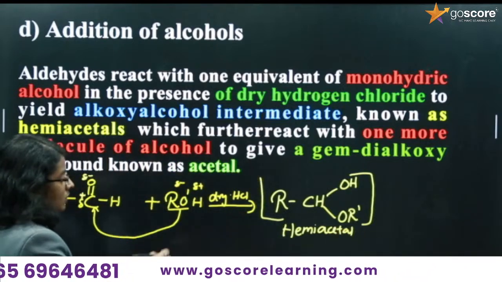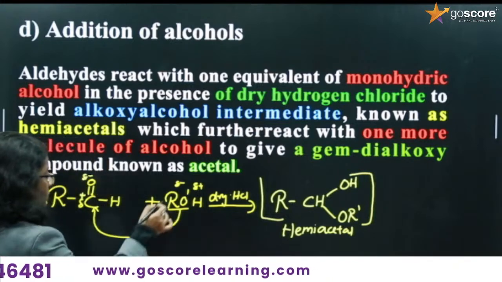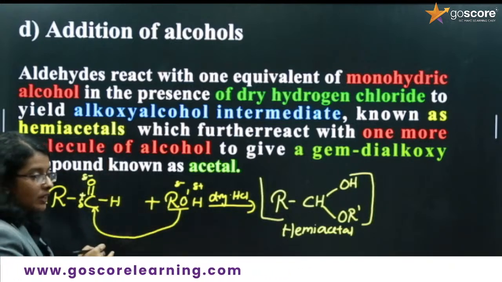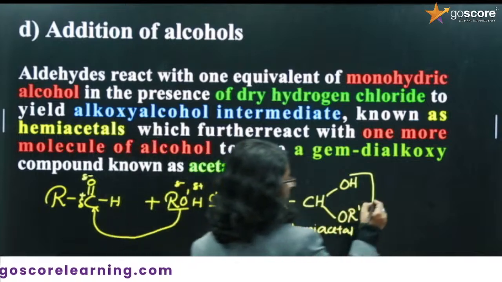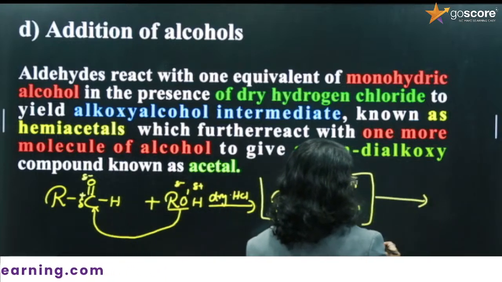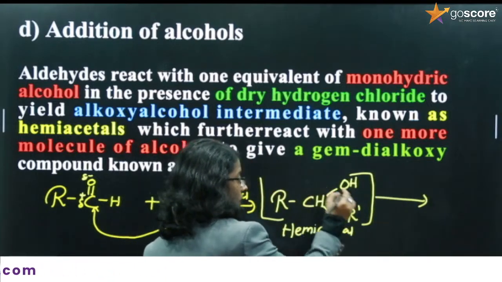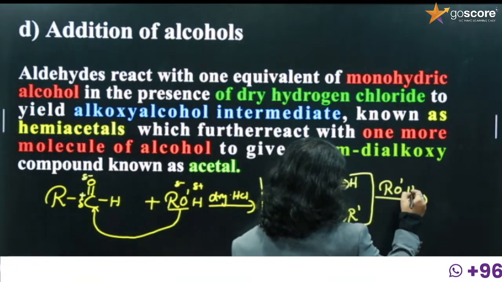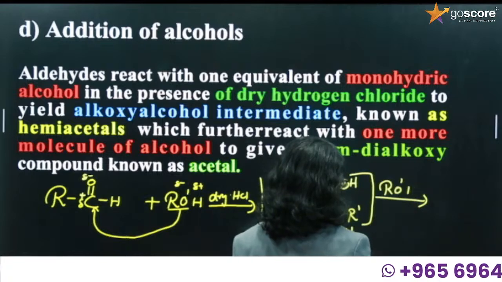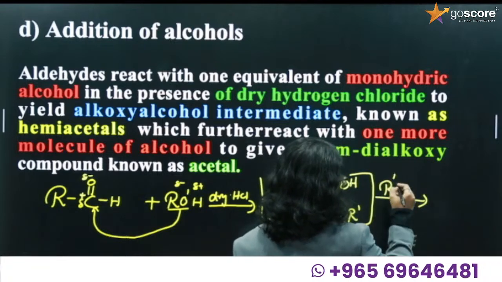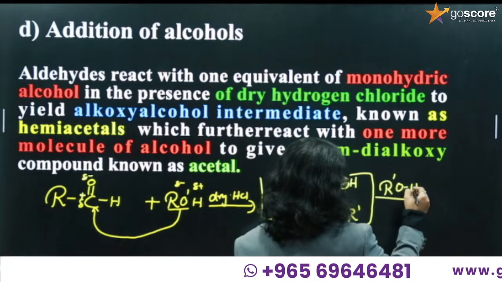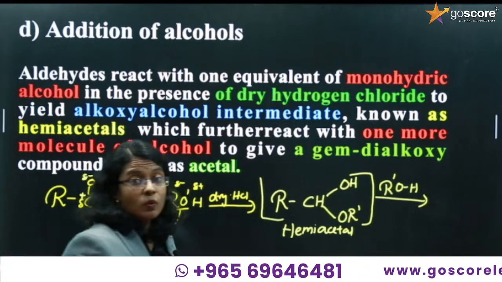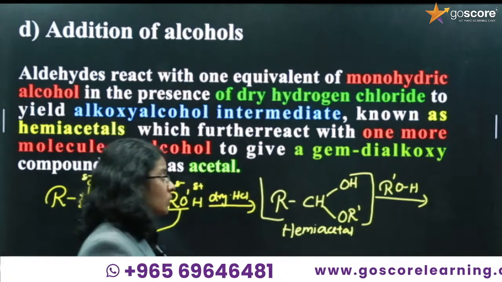So first we are adding this group to the aldehyde. In the second step we are again adding one molecule of alcohol. Here elimination of a water molecule is occurring.